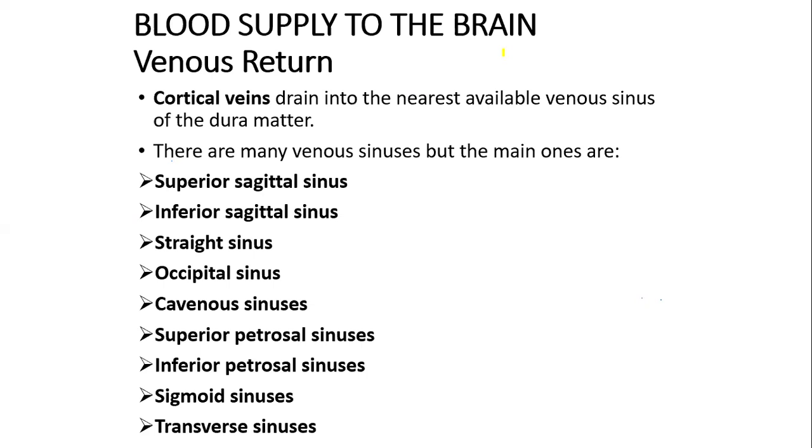Cortical veins drain into the nearest available venous sinus of the dura mater. There are many venous sinuses, but the main ones are the superior sagittal sinus, which is the upper part, then the inferior sagittal sinus, which is lower than the superior. We'll see it on the next slide.